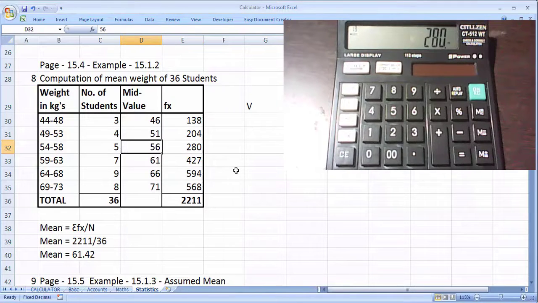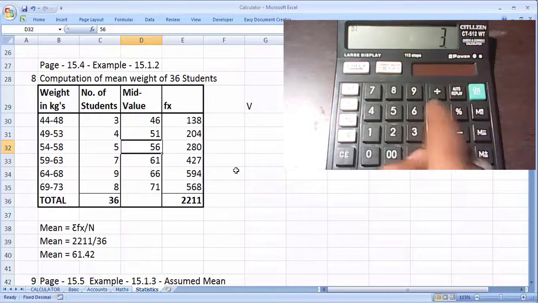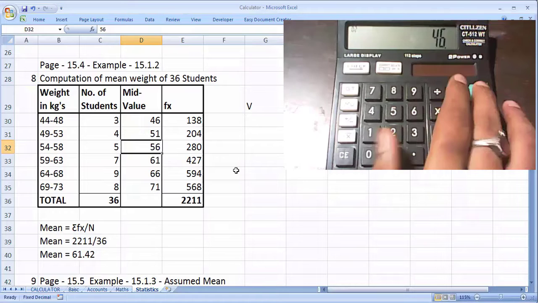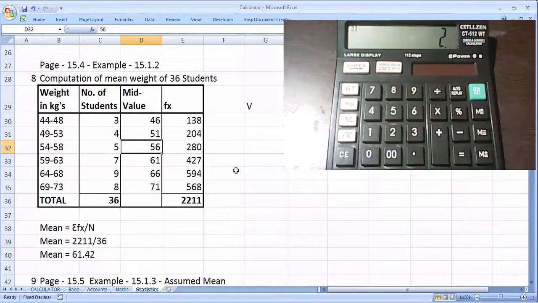So we can calculate all these things. Again, you can press either the grand total, or you can go for adding differently or independently. It's up to you. But the easiest way is 3 into 46. I mean, sorry, 46 means 44 plus 48 divided by 2 is equals to 46 into 3.